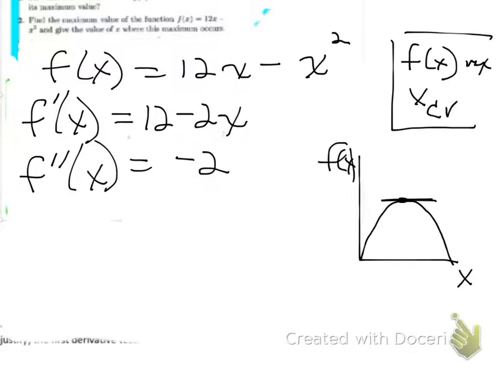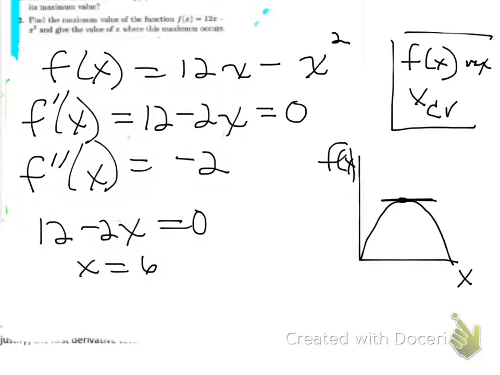If it's always concave down, that means when I find the critical value, it's definitely going to be a max. So let's find that critical value by setting the first derivative equal to 0. 12 minus 2x equals 0, where x is 6. So now I know that the x in question is 6.